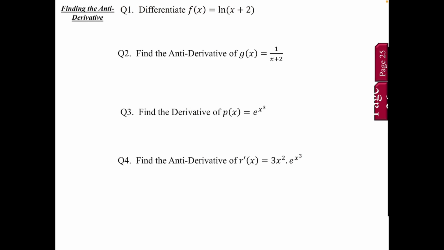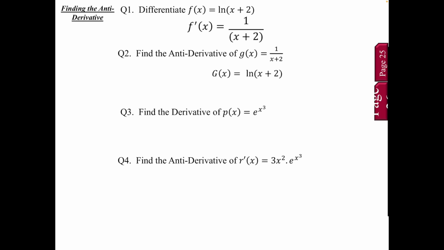Let's try a few more examples. Differentiate ln of x plus 2. The differential of this is 1 over x plus 2. We're now asked to find the antiderivative of this function, 1 over x plus 2. Here, we are given the differential and we're working backwards to find the function.